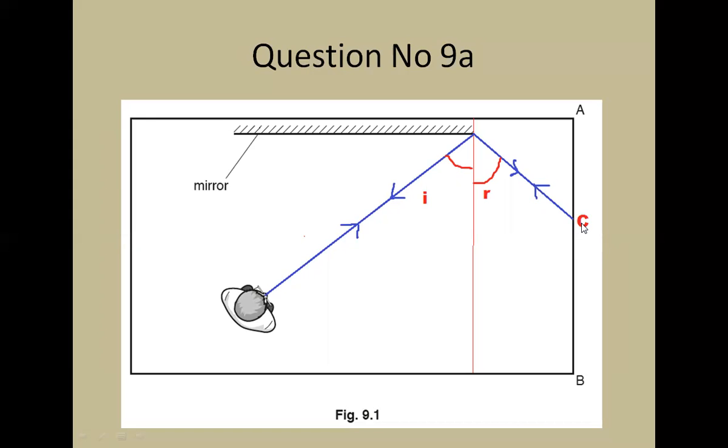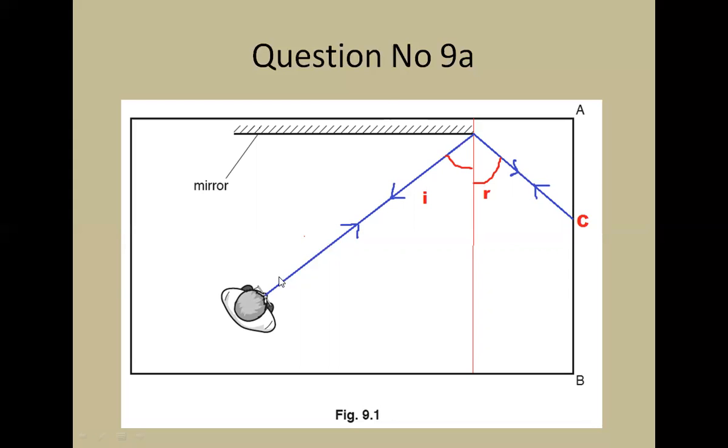Hopefully you understand how I have drawn this. I have checked the angle of incidence here, and the angle of reflection will be equal to the angle of incidence. Whatever the angle is here, the same angle I have taken here, and then I have drawn this line. When this line cuts AB, that is the point C. Then I have marked this angle as the angle of incidence and this angle as the angle of reflection.